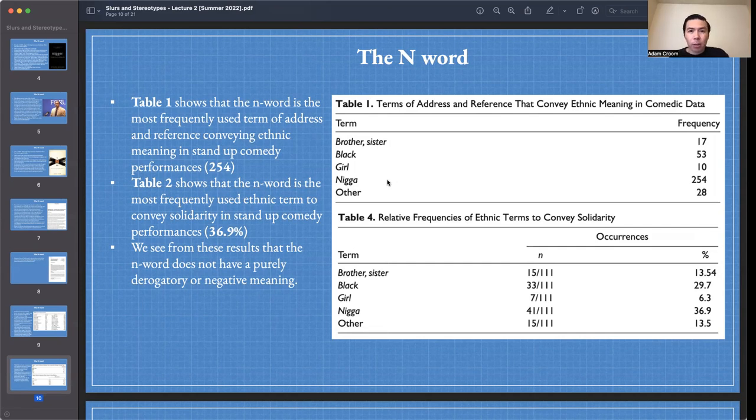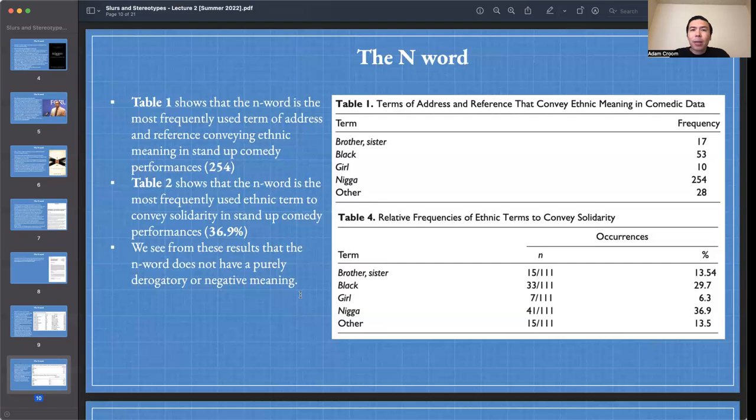Okay, so we see that it's used 254 times, whereas, right, brother, sister, 17 times.